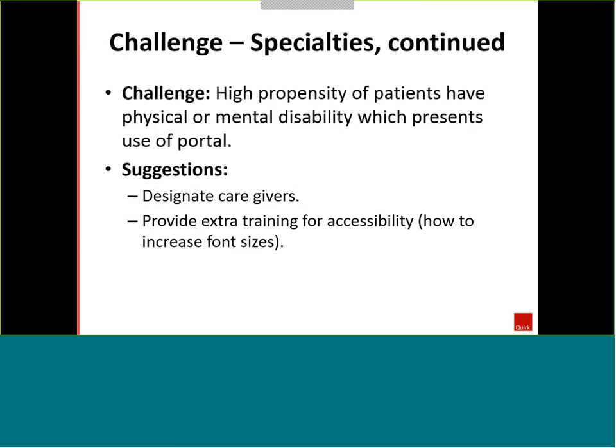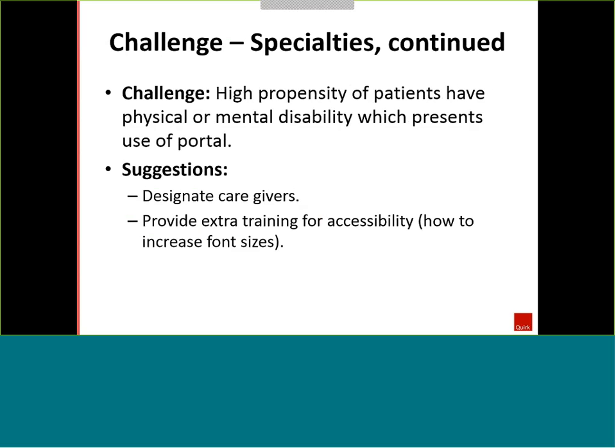All right, finally, the last challenge here. If you have any specialties that do have a lot of psych or mental or physical disabilities, those types of specialties that have those types of patients, oftentimes they will already have a caregiver, so piggybacking on that and having them help with enrollment in the portal for that patient is often what they do in those cases.